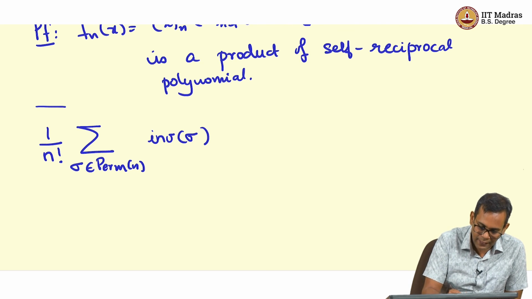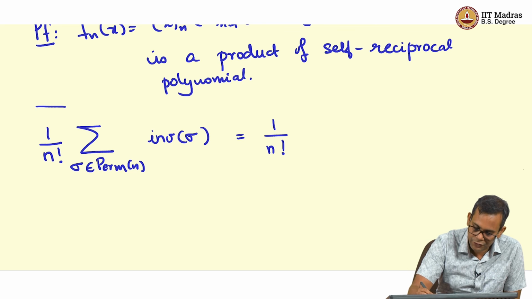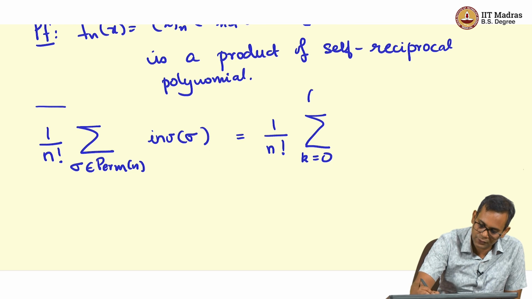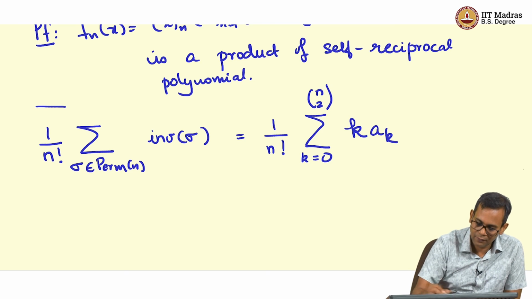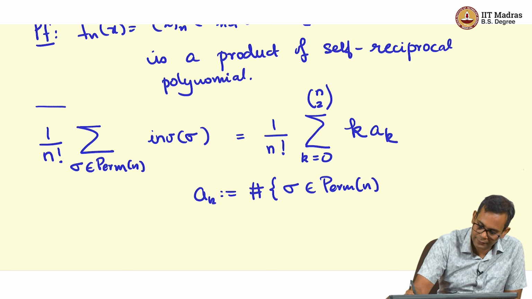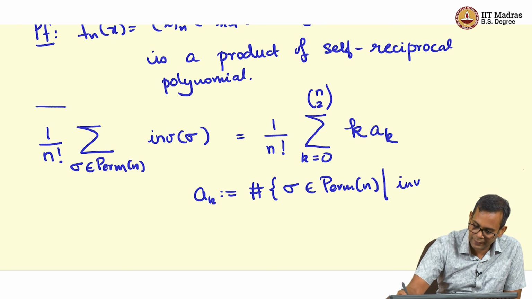I can write this as 1 over n factorial summation k, where the possible number of inversions goes from 0 all the way up to n choose 2, and then k times a k, where a k is now defined to be the number of permutations sigma on n letters that have exactly k inversions.